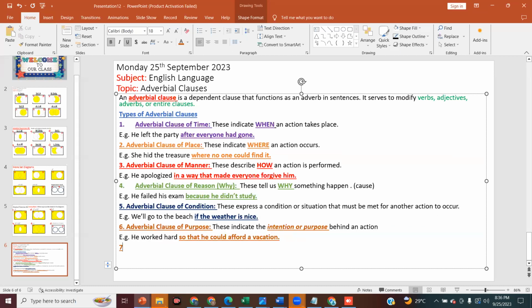And finally, this is the last one. The last one is the adverbial clause of consequence. Some people might call it the adverbial clause of result.